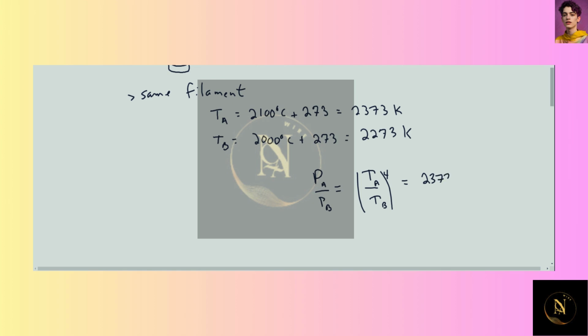So they don't differ that much by temperature, only by a few percent. But by raising that to the fourth power, you see that bulb A radiates about 18.8% more power.